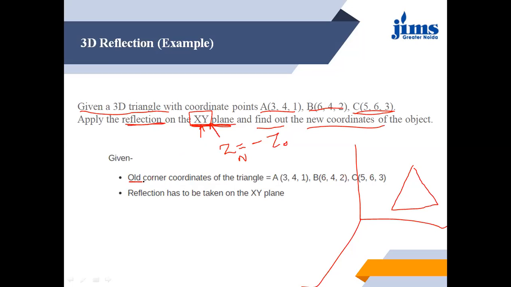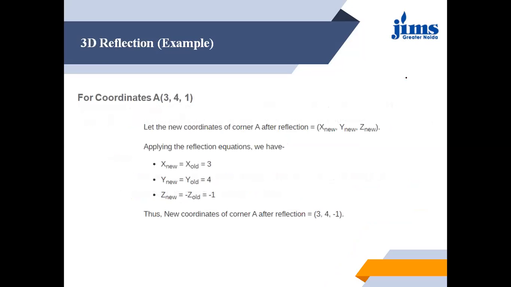First, the three coordinates of a triangle A, B and C. The coordinate of point A is 3, 4, 1, of B is 6, 4, 2, and the coordinate of C is 5, 6, 3, and we have to reflect this triangle with respect to the xy plane.